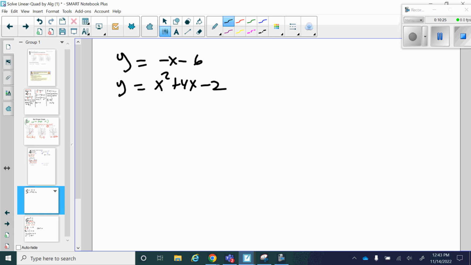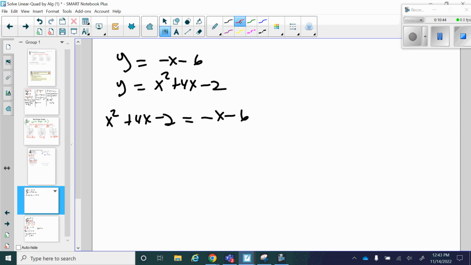Good? Now, at this point, again, I'm going to set both equations equal to each other. So x squared plus 4x minus 2 is going to be equal to minus x minus 6. All right, now I've got to set the equation equal to 0.